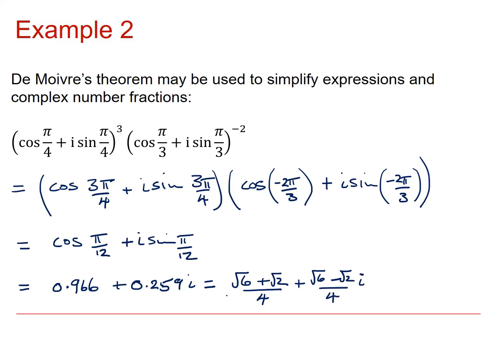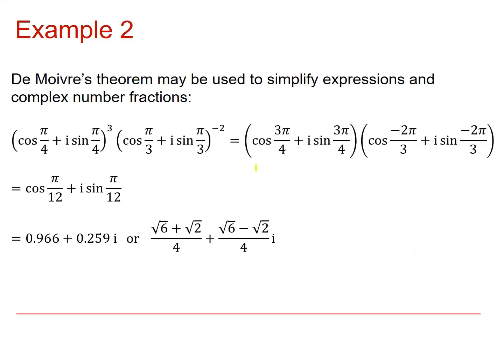And these have come from looking at the cos or the sine of pi by 3 minus pi by 4, and then using the addition formulae, actually cos of a minus b and sine of a minus b, using those because we know all about cos and sine of pi by 3 and cos and sine of pi by 4, and you can get them down into this form. Not commonly used, but interesting nevertheless.